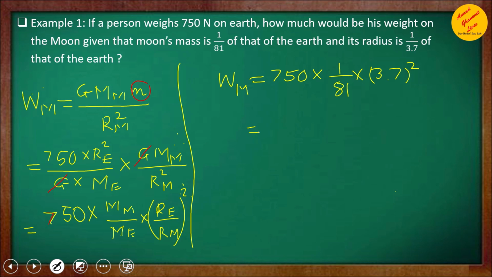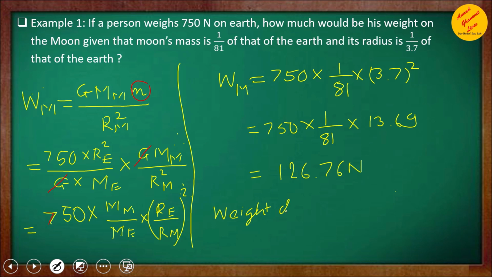It is equal to 750 into 1 upon 81 into 13.69. Now do the calculation. So after calculation it is 126.76 Newton.